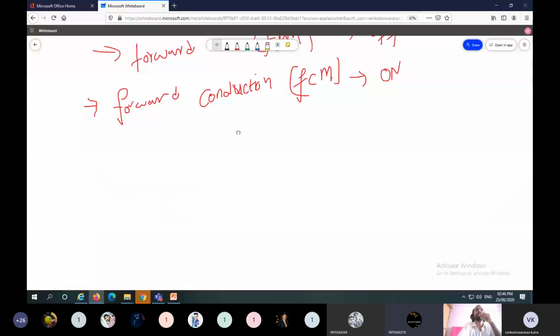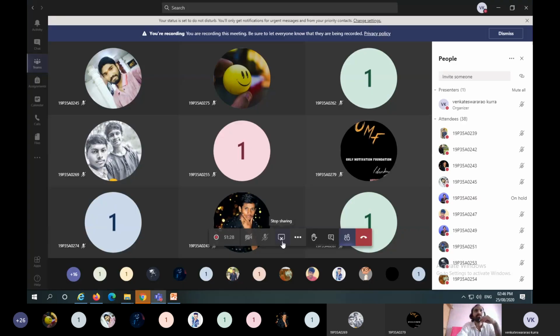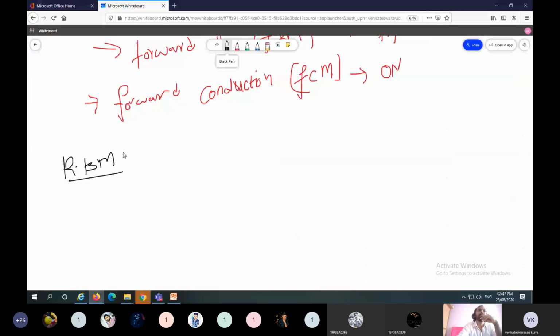So first we check the reverse blocking mode, RBM. Okay, in reverse blocking mode, the SCR is applied by reverse bias.